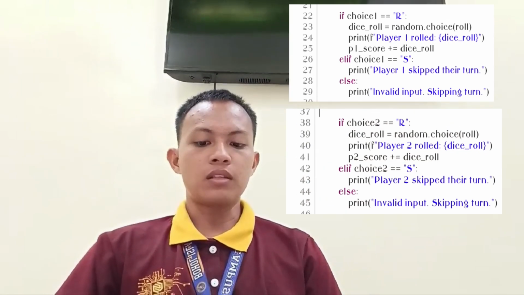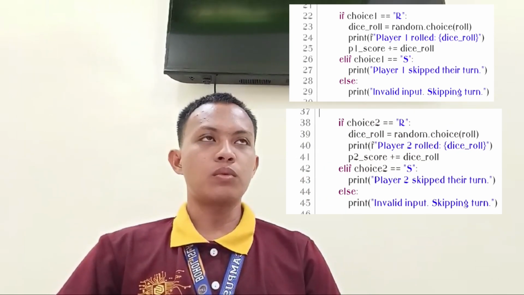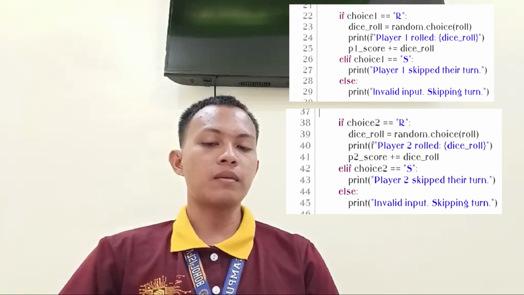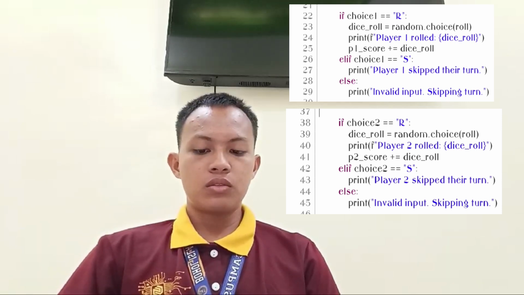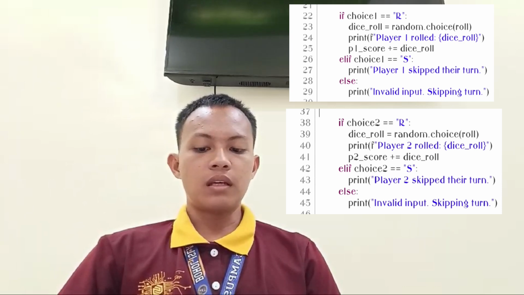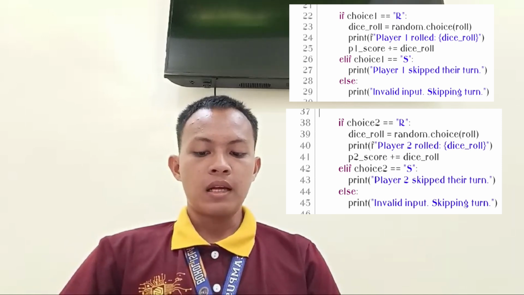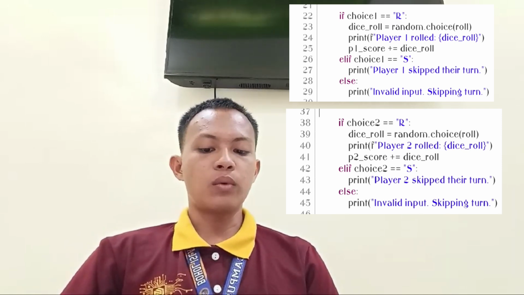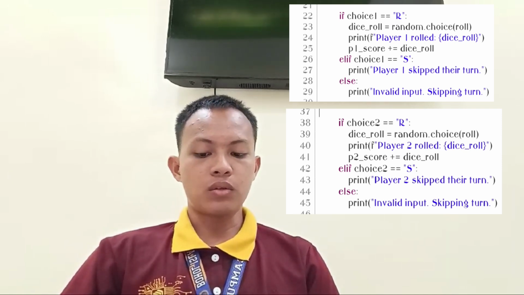So the next block of code, as you can see here, manages the players' turns in the dice game. It checks the player's choice. If the player chooses to roll, indicated by R, a random dice roll is simulated using random.choice, and the result is printed while updating player 1's score.